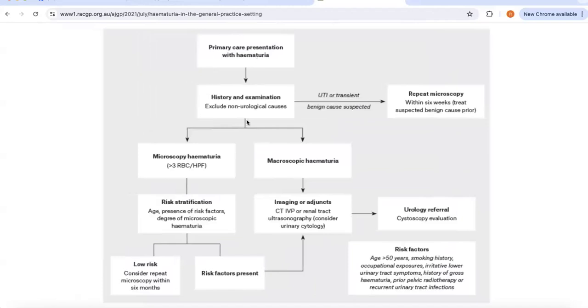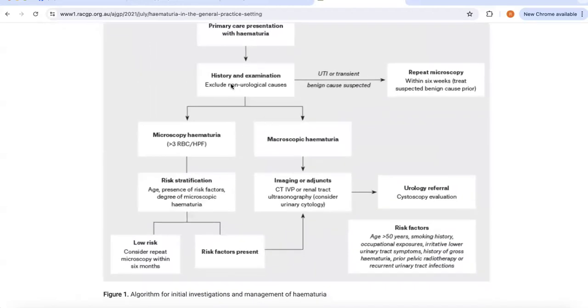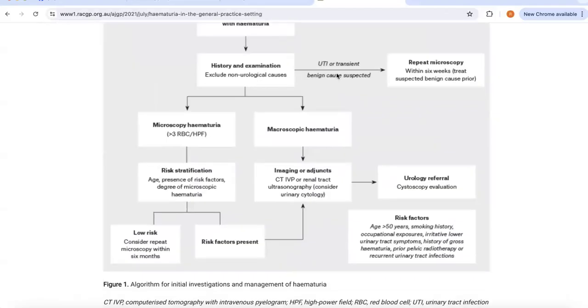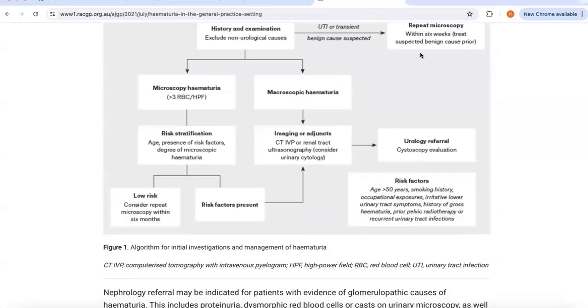So this is what the chart is all about. You've got a patient with hematuria, you have taken the history, you have done the examination. First, rule out UTI, so make sure you do the urine microscopy and culture. Then, let's say it is not a UTI. Is it microscopic hematuria or macroscopic hematuria? If it is macroscopic, that means gross hematuria, that is always high risk.